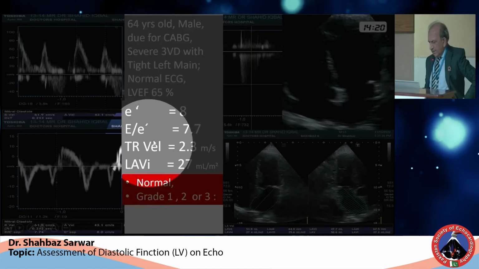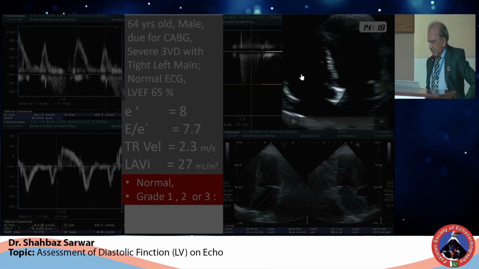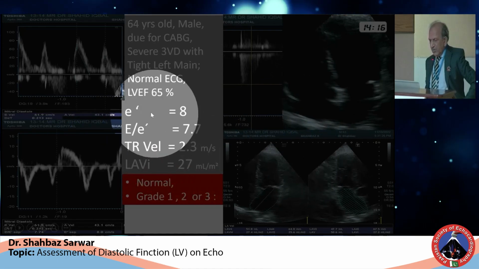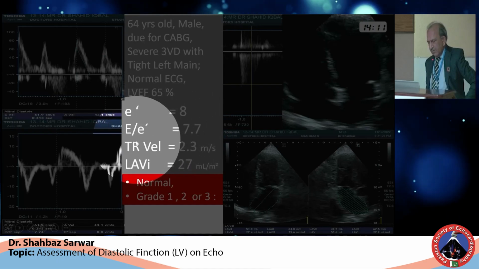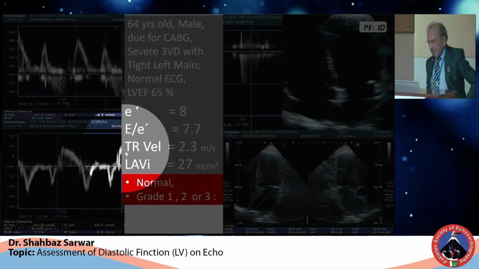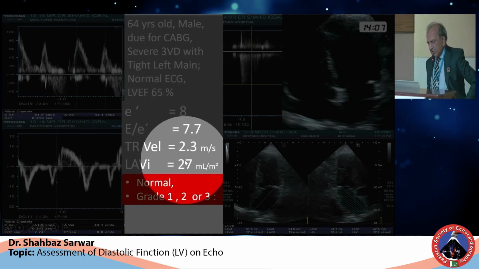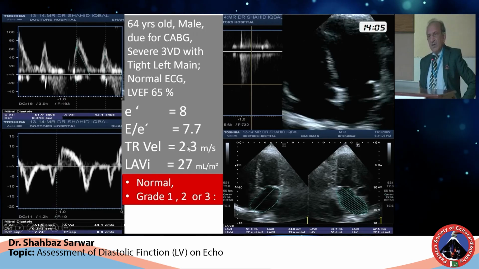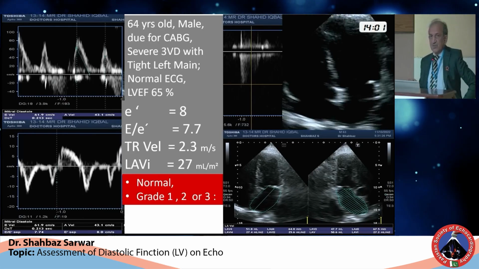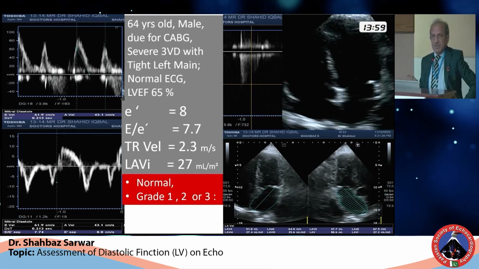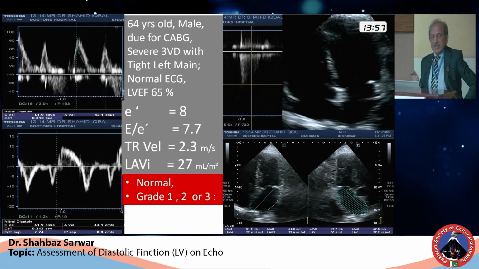His LV function was normal, and look at that, E prime is 8, E by E prime is 7.7, TR velocity is 2.3, left atrial volume index is 27. So is it normal or grade 1, 2 or 3 diastolic abnormality? Remember, he has very severe disease, is due for CABG. So what is he?